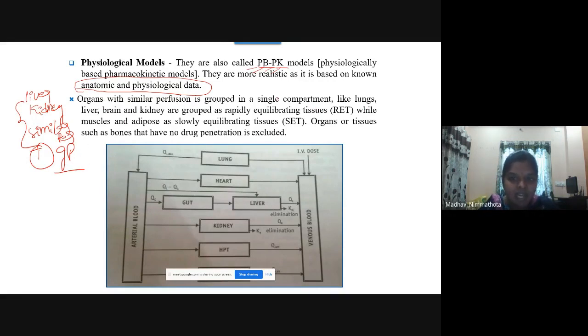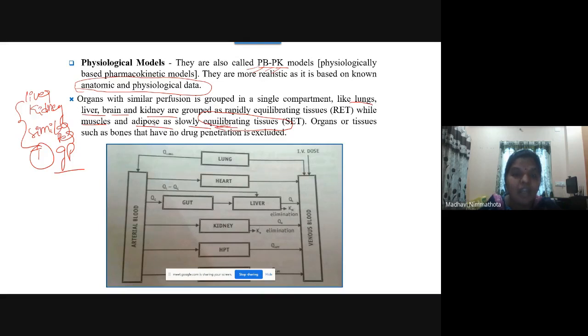Lungs, liver, brain, kidney are all grouped as rapidly equilibrating tissues. Why? Because these are highly perfused tissues. So you group all these highly perfused tissues into one group. Muscles and adipose tissues are slowly equilibrating tissues.